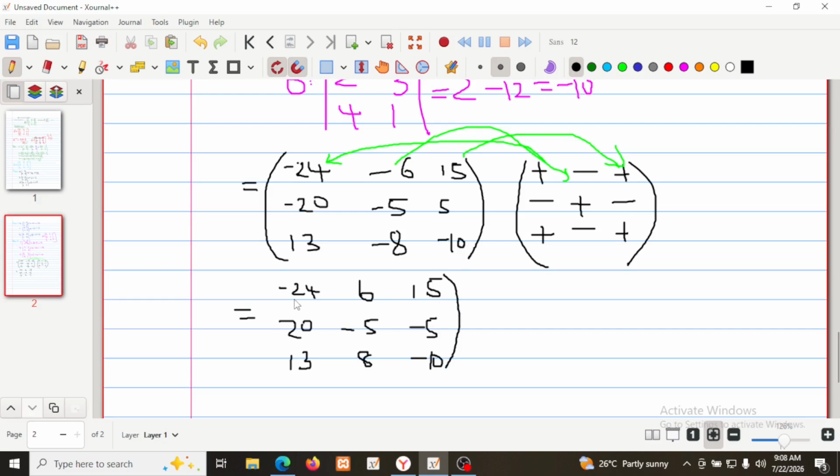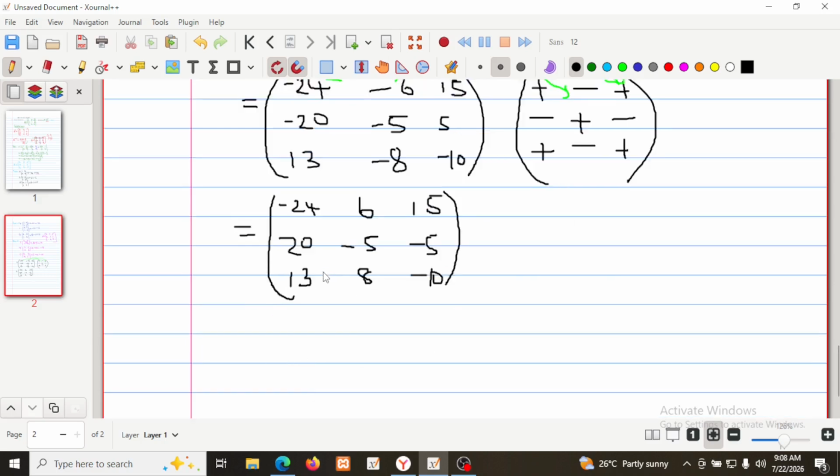Okay, so that is your matrix after multiplying with the sign.